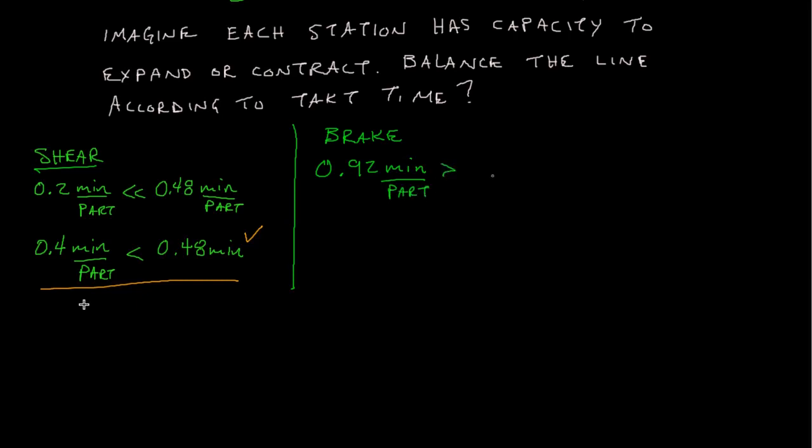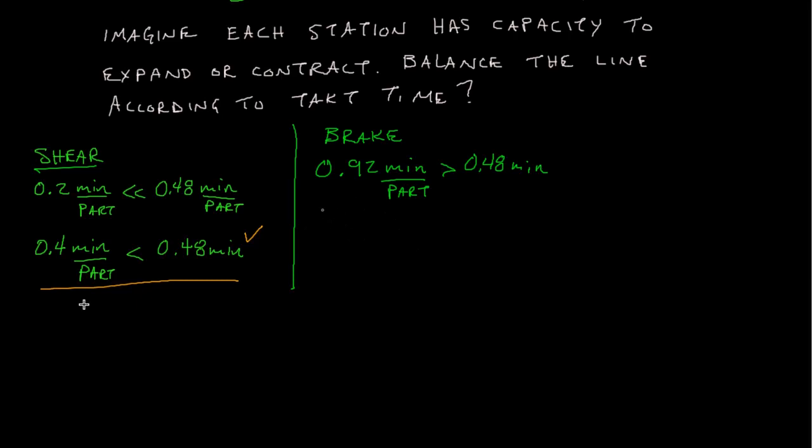So that's over 0.48 minutes per part, which means that I need to increase this. I'll add a station.